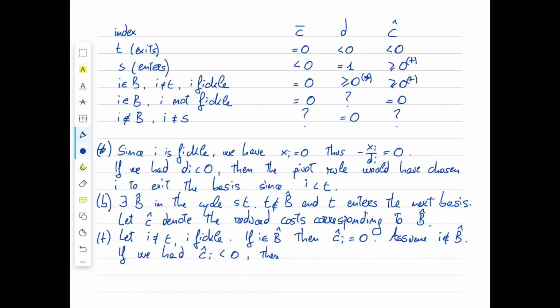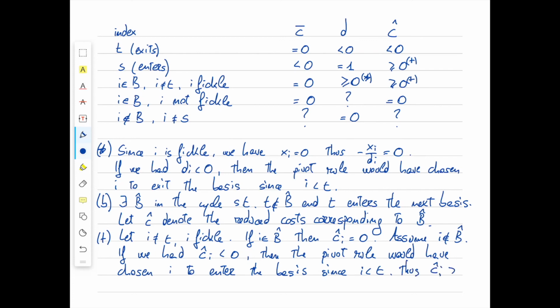So then the pivot rule would have chosen i to enter the basis, since i is smaller than t. So we found a contradiction, thus c hat i is greater than or equal to 0, as we wanted to show. Next, I want to define a new vector.